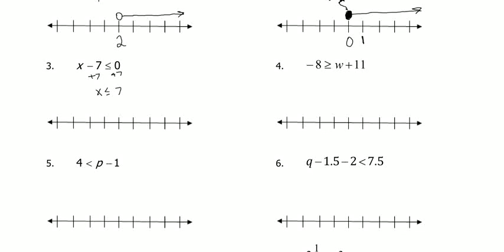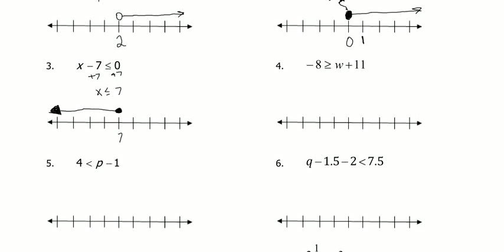So we put a 7 right in the middle of our graph. We're going to shade in this circle. Okay, and that's x is smaller than 7, so it's going to be everything to the left of 7. Okay, that's an arrow, by the way.